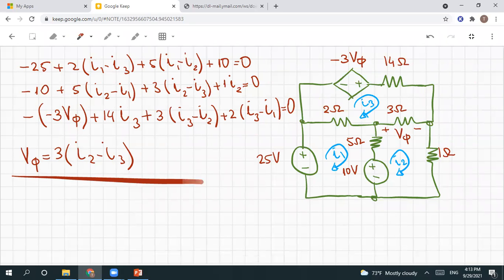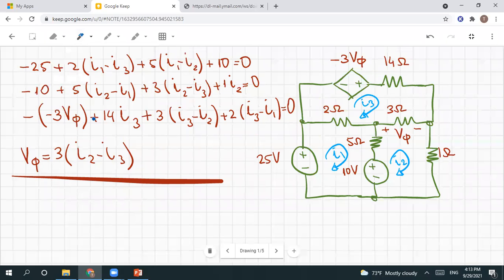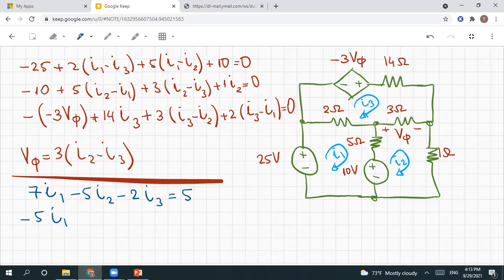Okay, now I can rewrite the equations. Let me rewrite them very quickly. The first equation: 7I1 minus 5I2 minus 2I3 equal to 5. The second equation is minus 5I1 plus 9I2 minus 3I3 equal to 10.